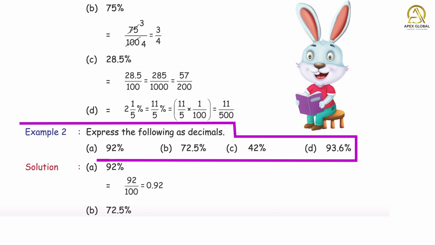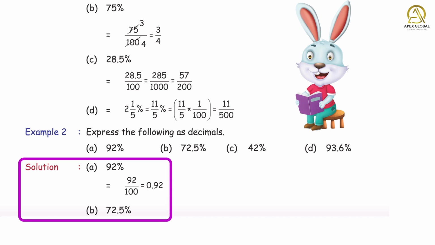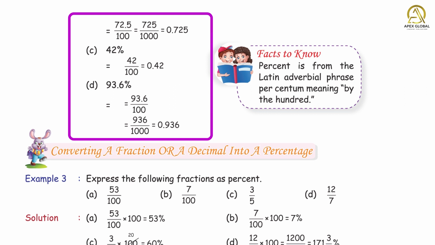Example 2. Express the following as decimals: A 92%, B 72.5%, C 42%, D 93.6%. Solution: A 92%, 92 upon 100, 0.92. B 72.5%, 72.5 upon 100 is equal to 72.5 upon 1000, which is equal to 0.725.